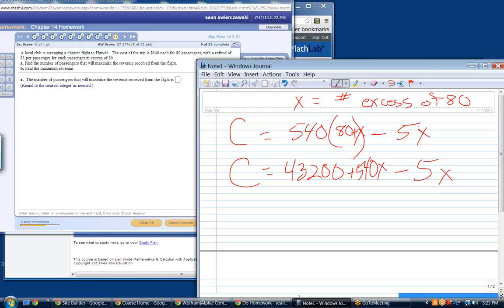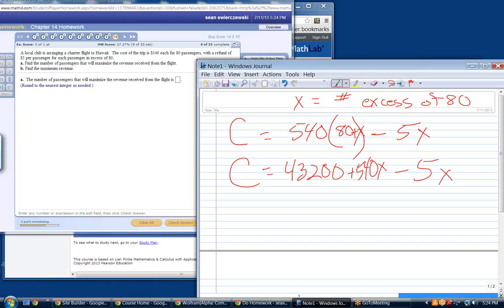So if I'm understanding this right, I'm not sure I understand their wording here. I'm trying to figure out how it makes sense. In other words, maybe it's 540 times 80, and then 80 times 5x?